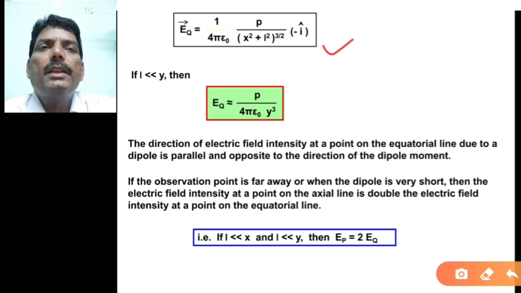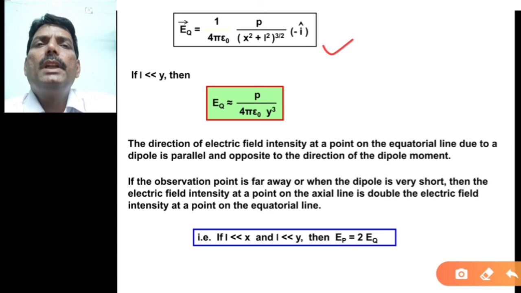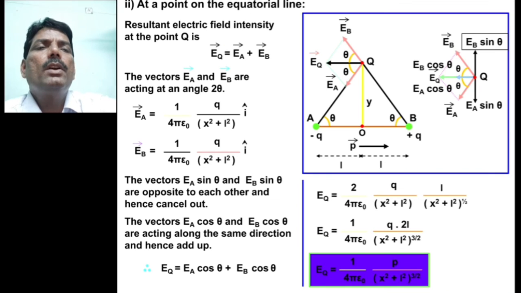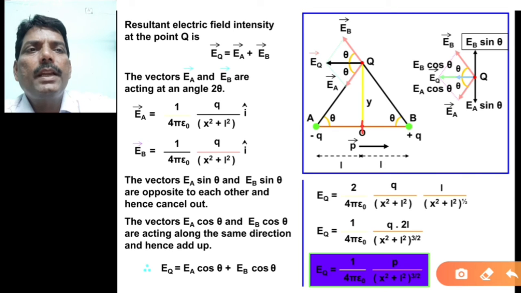Now again I am applying the condition here. If the length is very less than y, that means the dipole length. Sorry, this distance is y, that means from the center to this point P the distance is y.